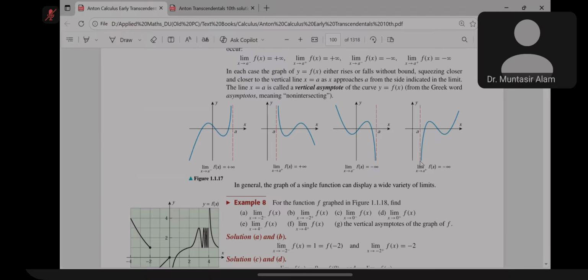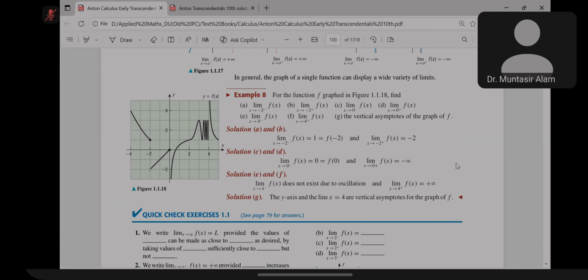So here you can see there are 4 figures where the curve is passing very closely to a vertical line, but still it does not intersect or touch that line. So in every single case, these vertical lines will be treated as vertical asymptotes. All right.